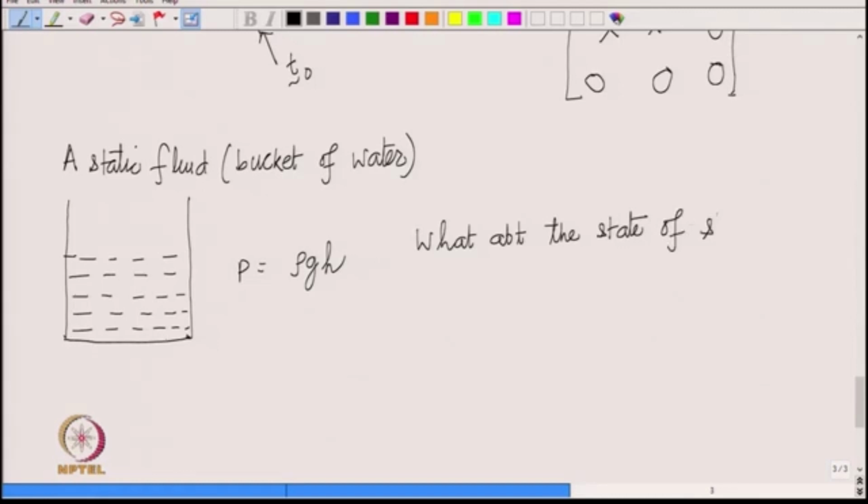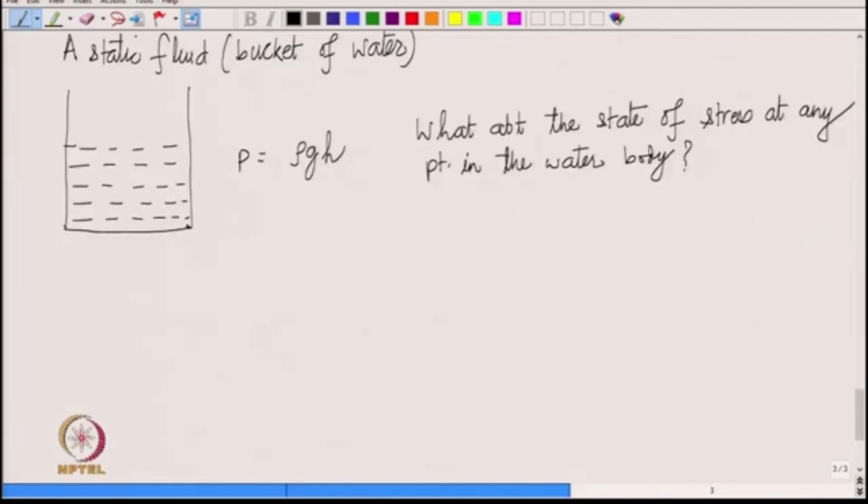So, you go to any point and you know that the pressure there is rho g h.